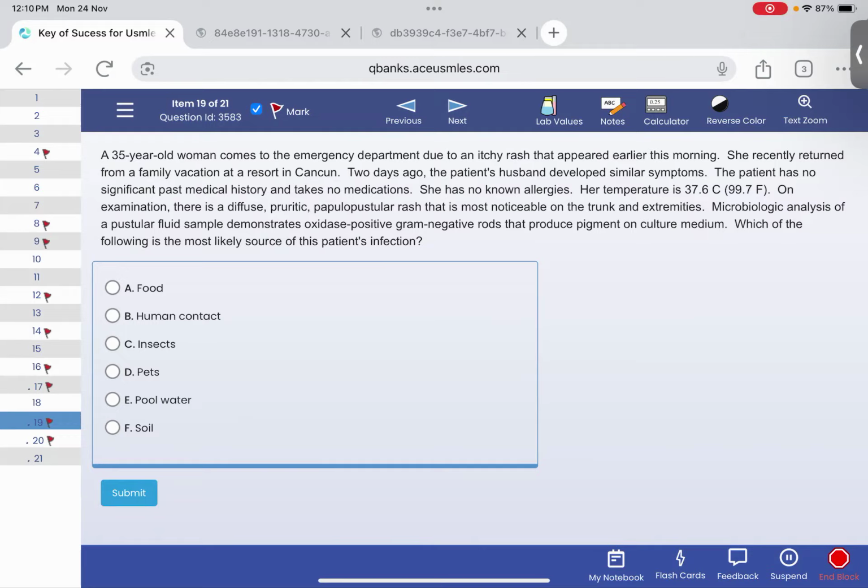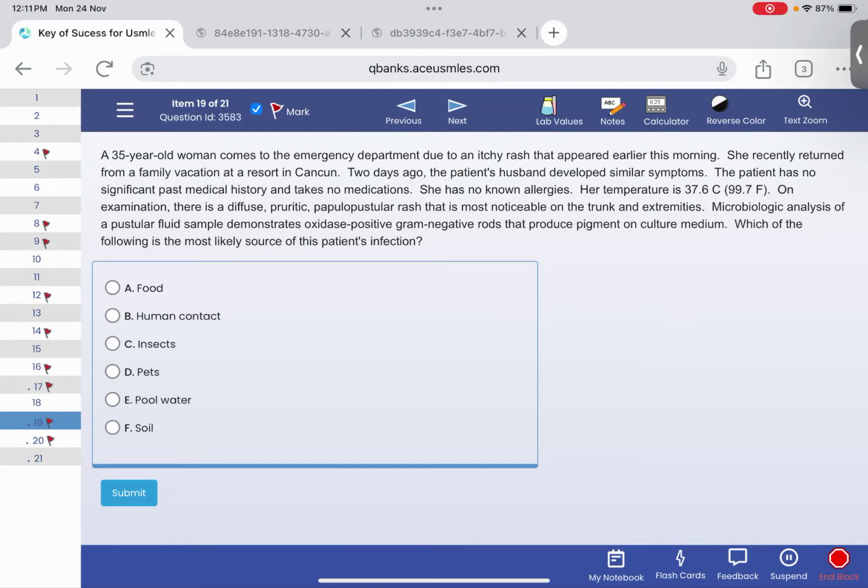She has no known allergies. Her temperature is 37.6 centigrade. On examination, there is a diffuse pruritic papulopustular rash that is most noticeable on the trunk and extremities. Microbiological analysis of a pustular fluid sample demonstrates oxidase positive, gram-negative rods that produce pigment on culture medium. Which of the following is the most likely source of this patient's infection?